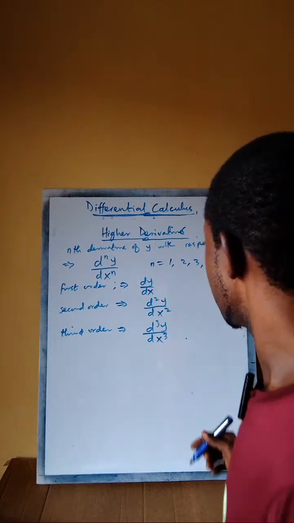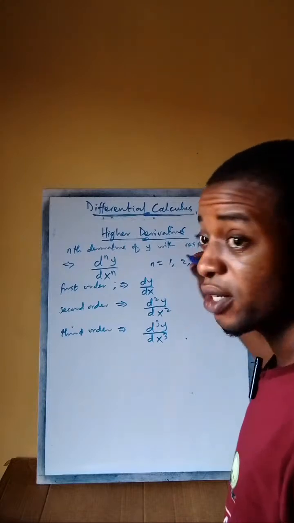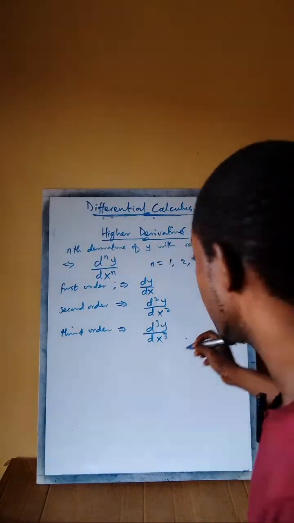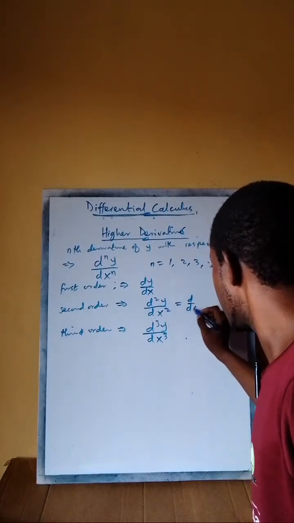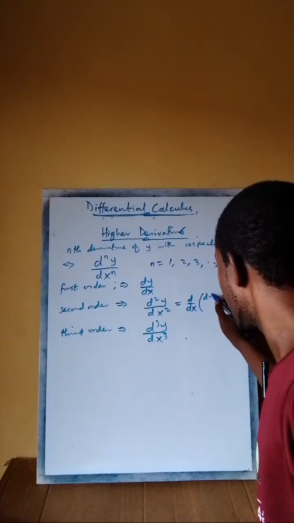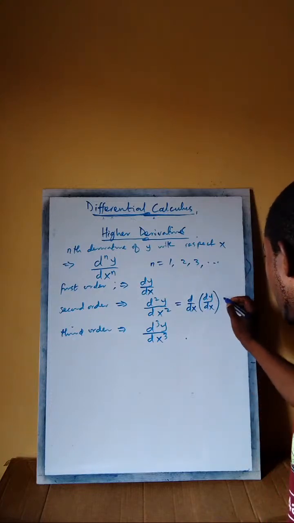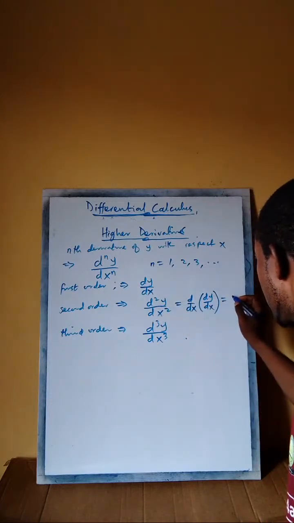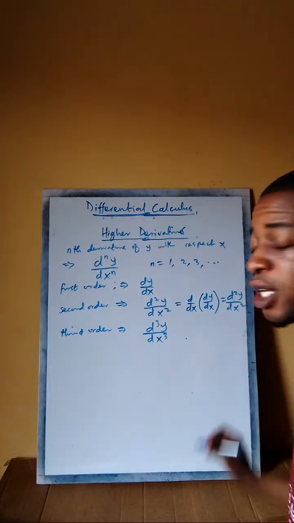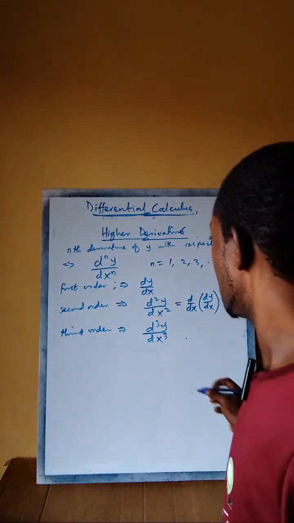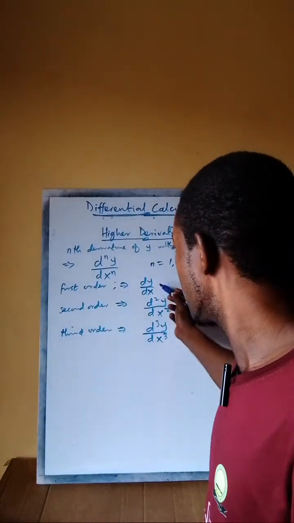What is important here is that the second derivative is derived from the first derivative. This is the same thing as d/dx of dy/dx. So we can't get the second order derivative without first calculating the first order derivative.